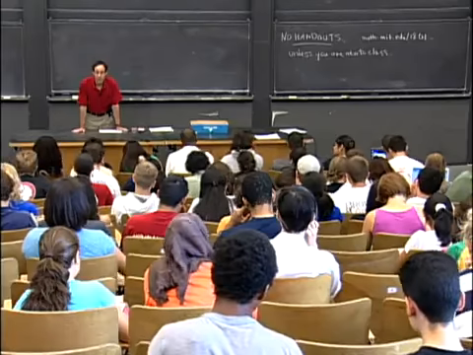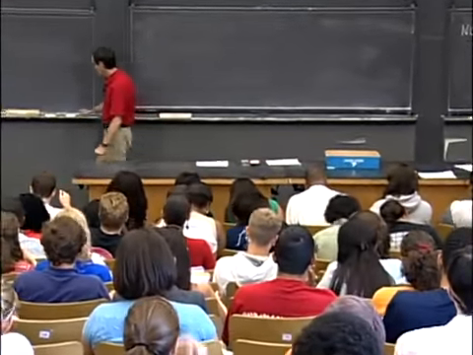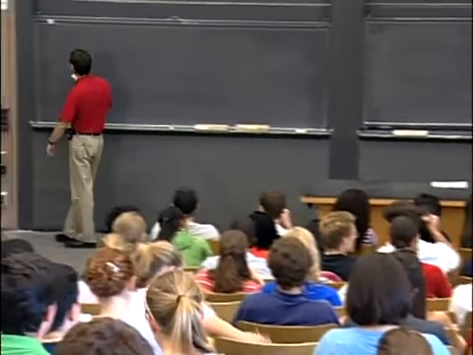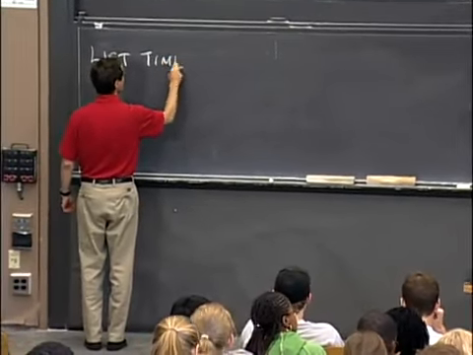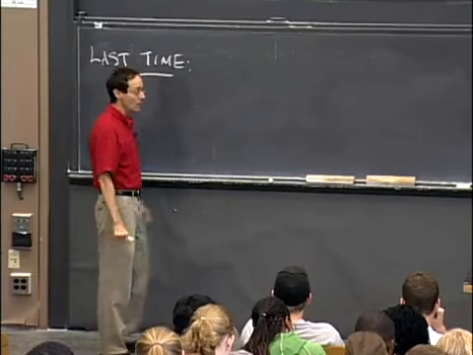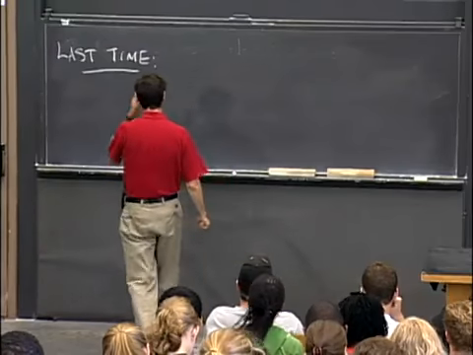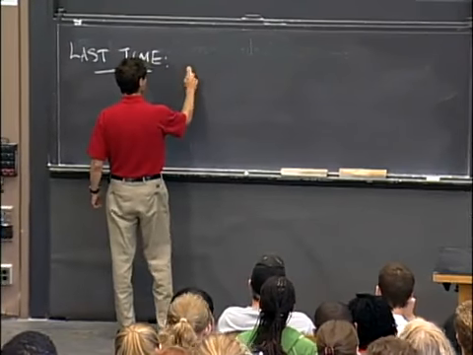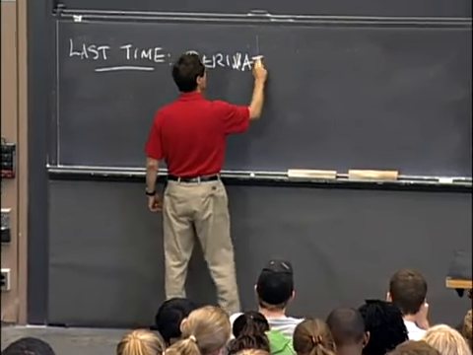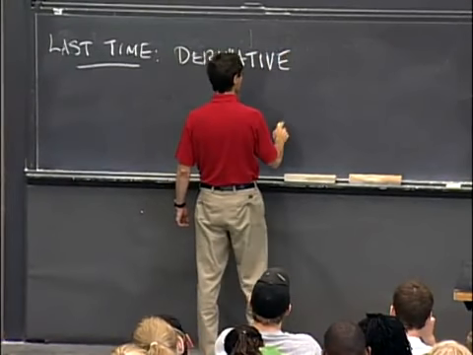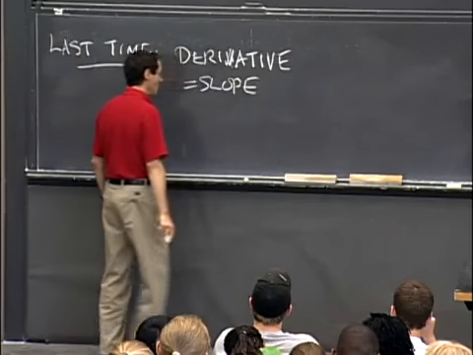Okay, so I'd like to begin the second lecture by reminding you what we did last time. Last time, we defined the derivative as a slope of a tangent line.